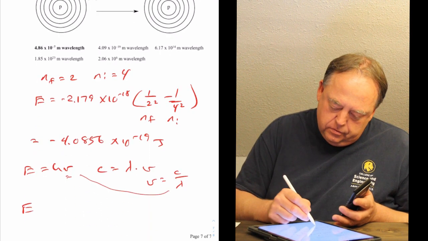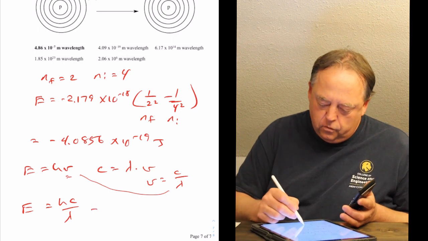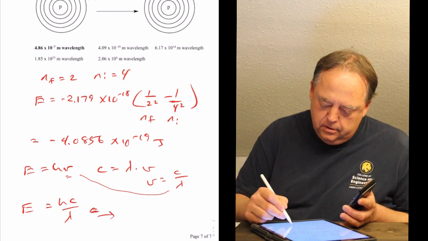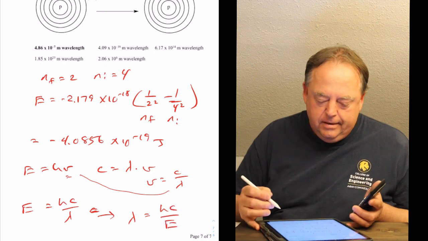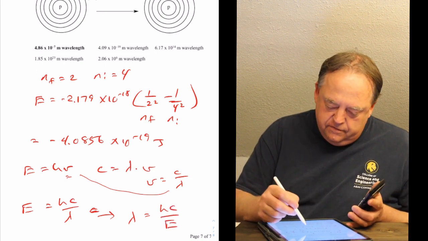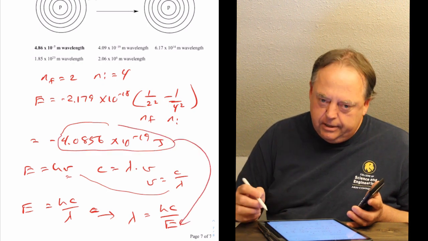So E equals hc over wavelength, and if we solve this for wavelength, wavelength equals hc over E. So we can take the value of energy that you just calculated and plug it in here.